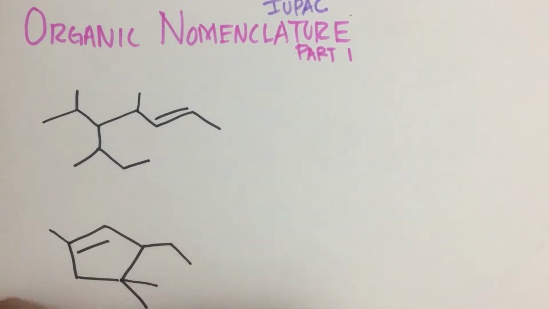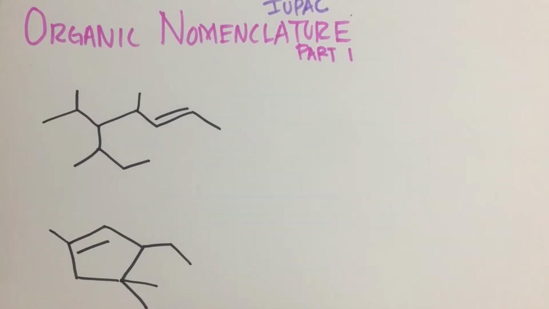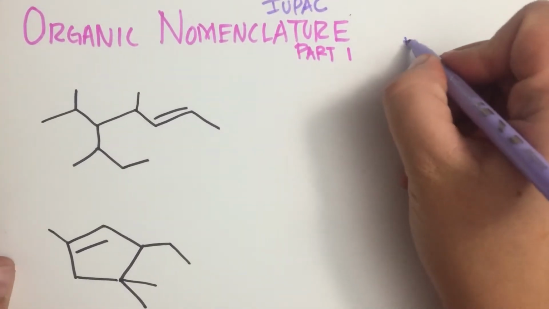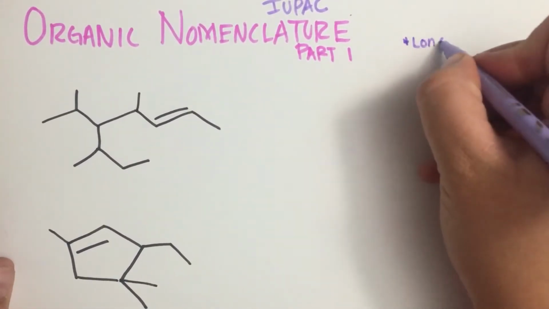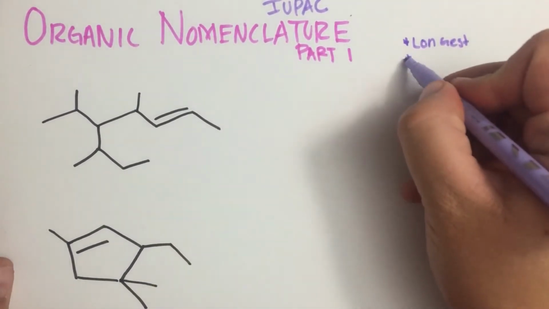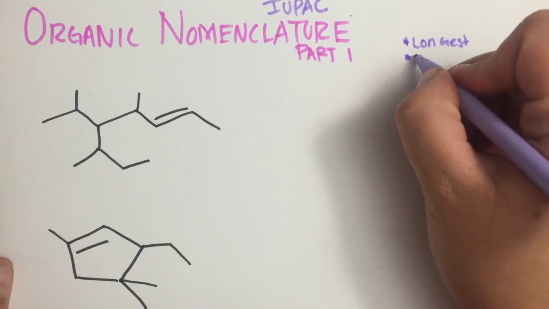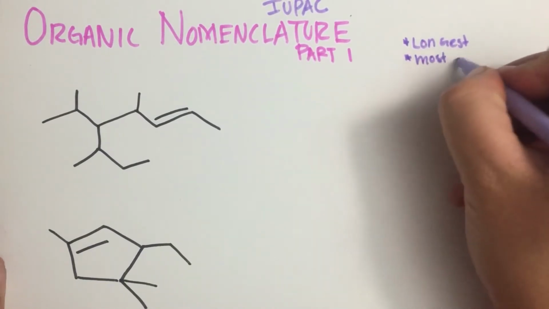So the first step in naming a molecule is going to be first to choose your parent chain. So the conditions for the parent chain are for it to be the longest chain, okay, and to have as many ramifications or substituents as possible. Okay, so we're going to say that to have the most branches.